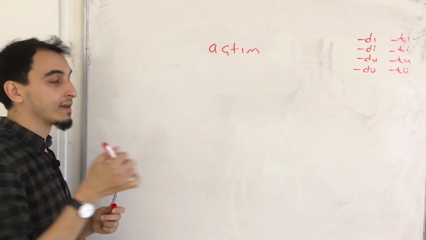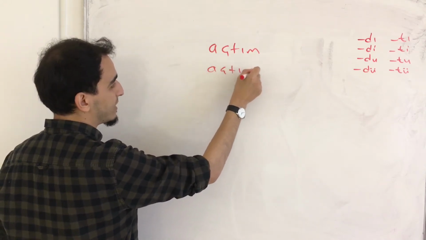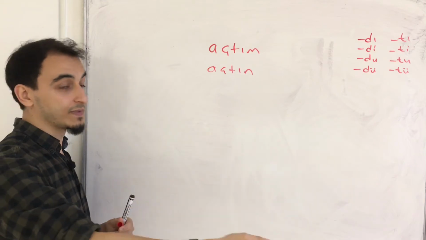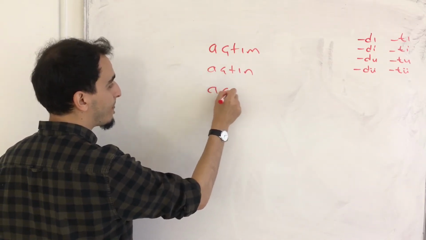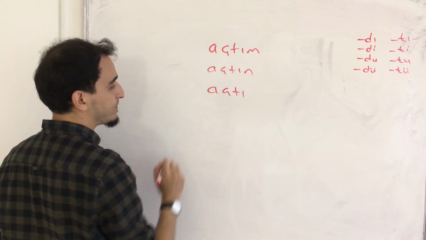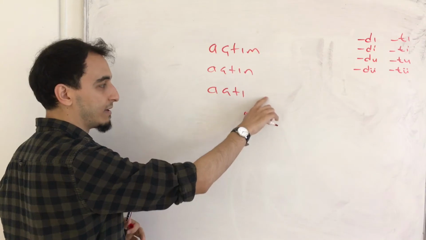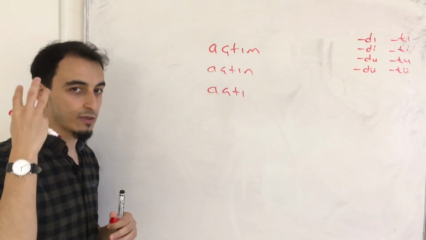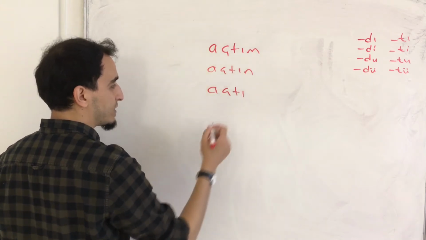I opened. Sen açtın. You opened. O açtı. Without any personal suffix, we know it's third person singular. Ben açtım, sen açtın, o açtı.